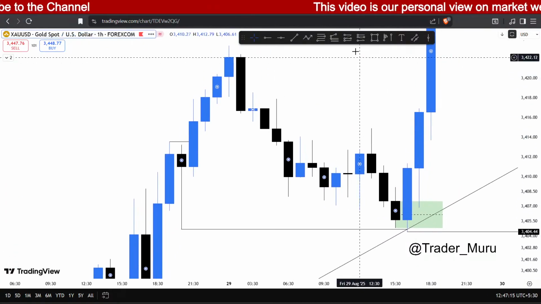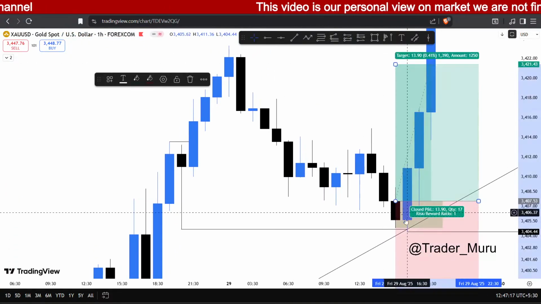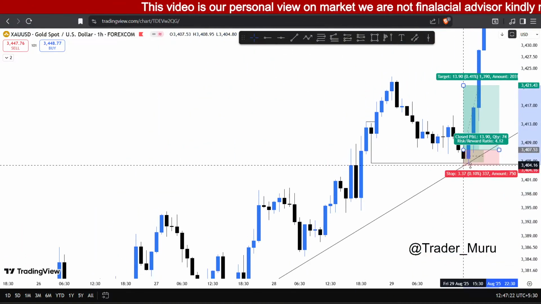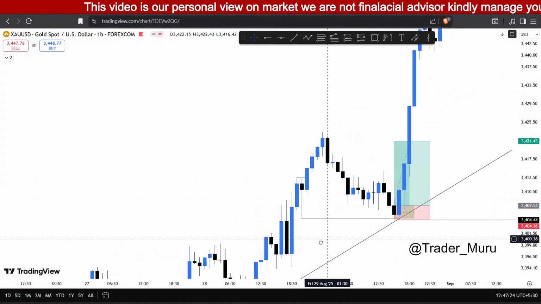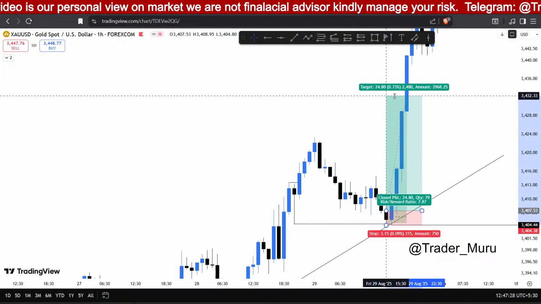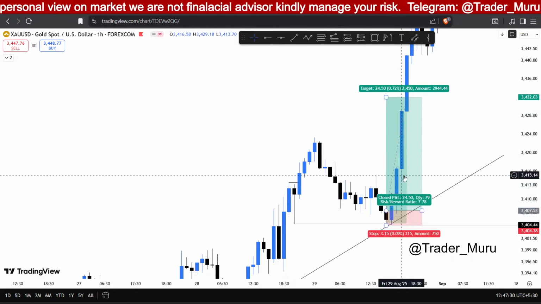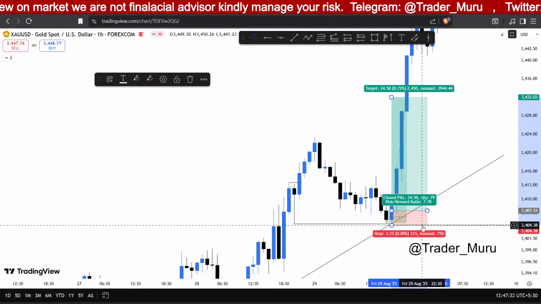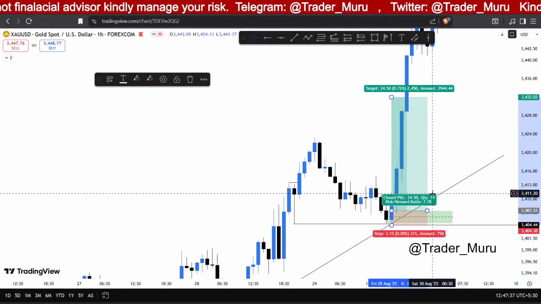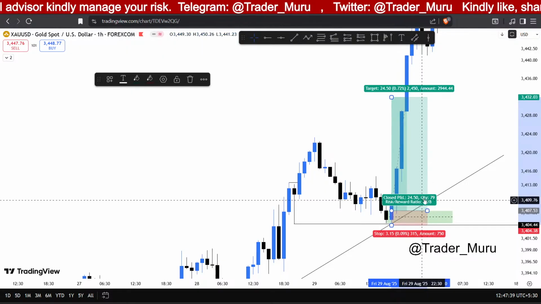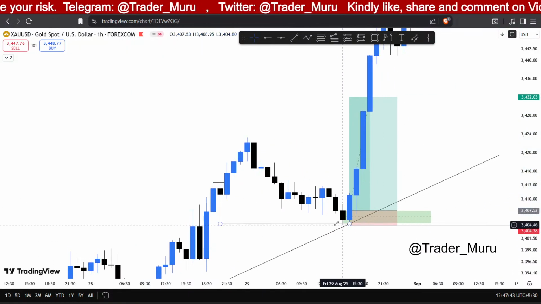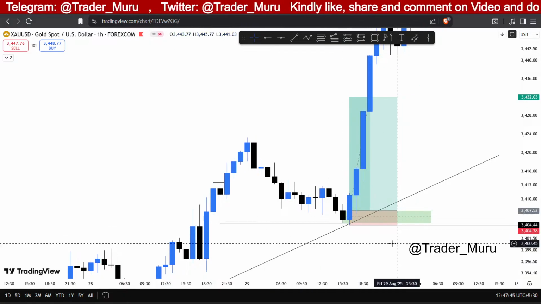Your entry will be from here, your stop loss will be just below this, and your target will be 3432. How much RR is this one? Around 7.78. Is it this hard?